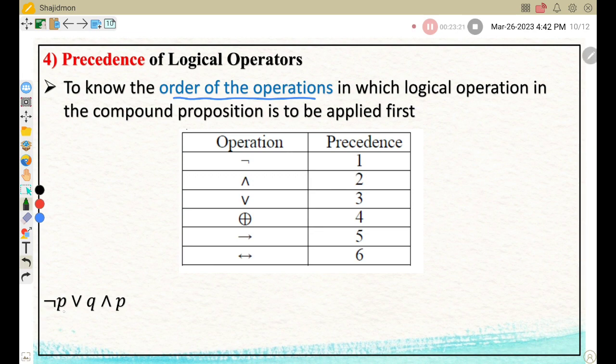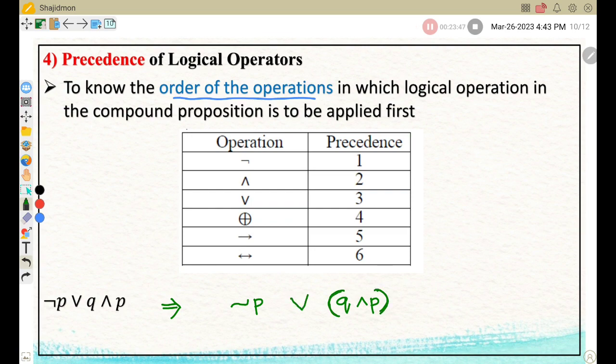For example, here see negation of P or Q and P. How are we taking the order when doing this one? Correct? First we need to do negation of P, correct? Negation is the first preference. Then you need to do and, so Q and P you need to calculate. I am putting this in brackets because it is together. Q and P we need to take.